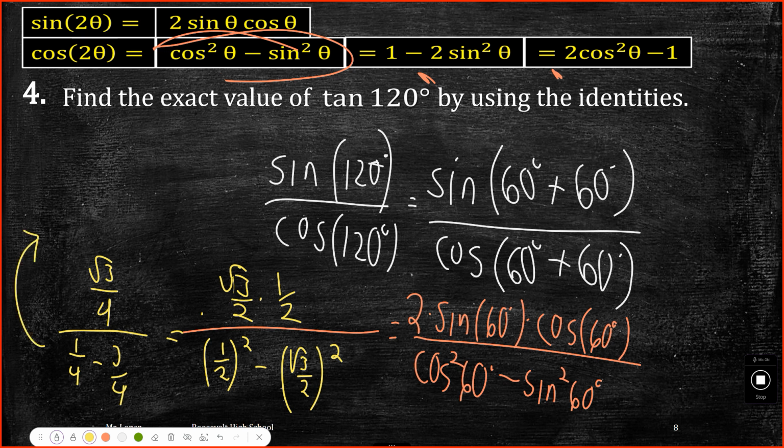So now we got square root of 3 over 4 divided by, what's 1/4 minus 3/4? Negative 2/4. What can we do there? And what's the answer?